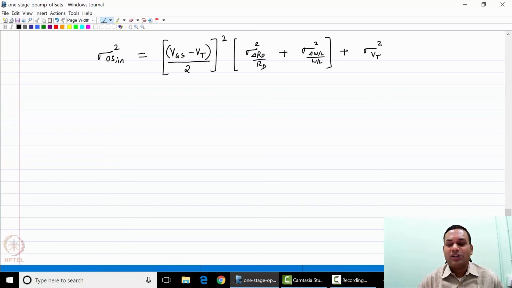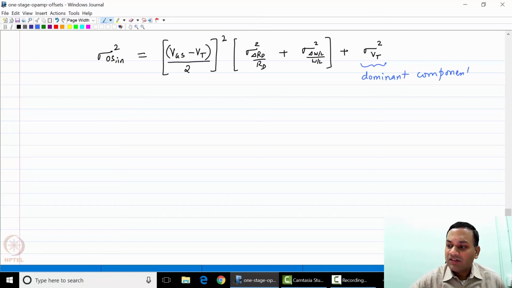So this is the expression for the input referred offset of the differential amplifier. And as you can see, you expect this to be the dominant component, since it appears directly at the input.